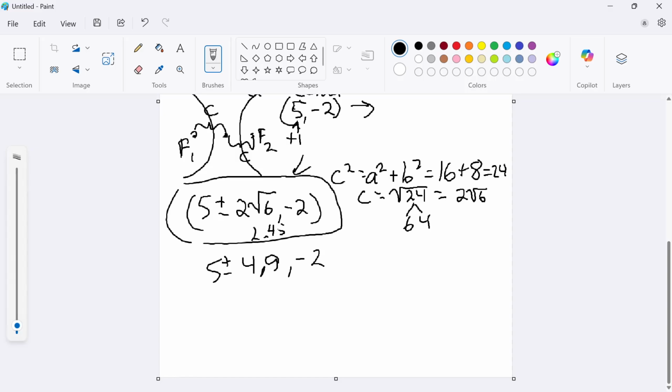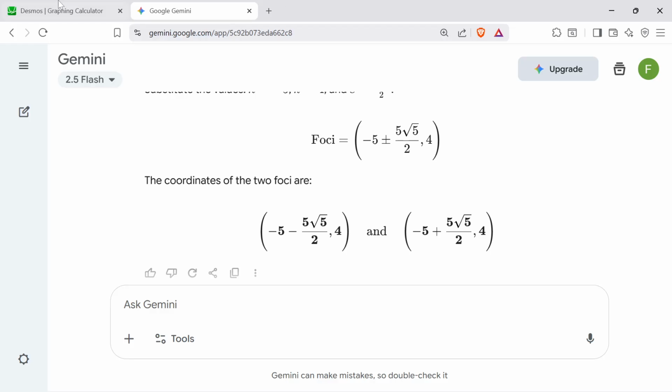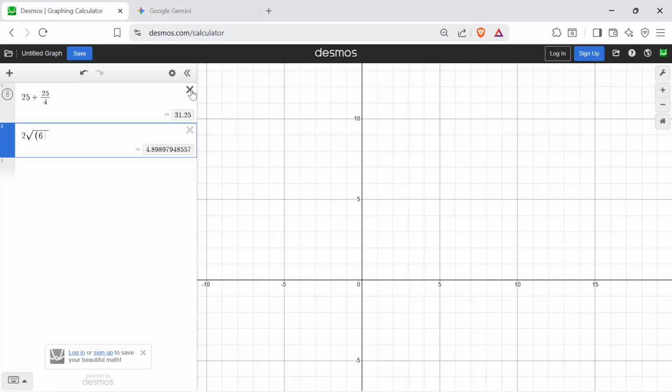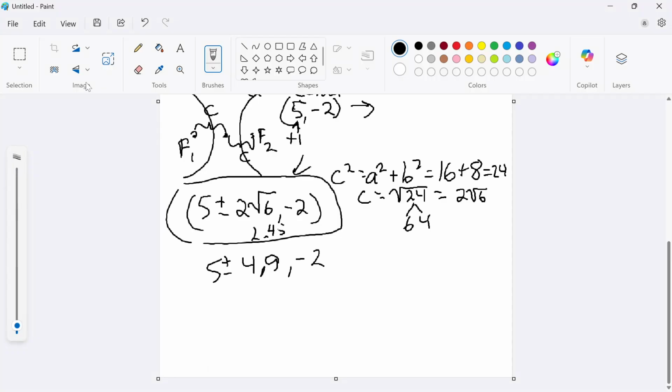I'm going to look on Desmos and see what 2 square root of 6 is. 2 square root 6 is, yeah, 4.89, around 4.9. So I was pretty close. So approximately it's 9.9, negative 2, and 0.1, negative 2.